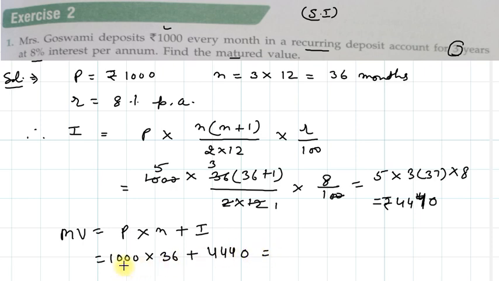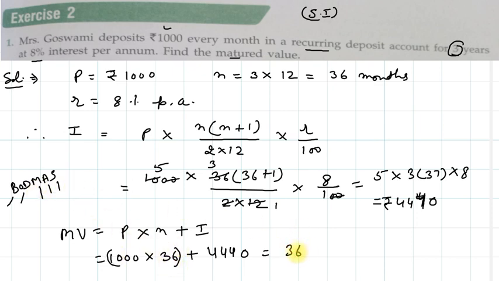In such things keep in mind the rule of BODMAS. First bracket, then of, then division, then multiplication, addition, subtraction. So here we will do multiplication first.